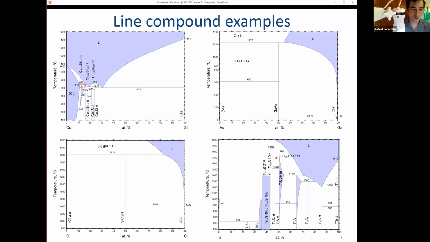So getting back to my trick question, I suppose that because silicon is not a compound, the right answer probably was that there are 3 line compounds, but there are 1, 2, 3, 4 pure phases in the system. And don't worry, I'm not going to try to ask trick questions on an exam or anything like that.